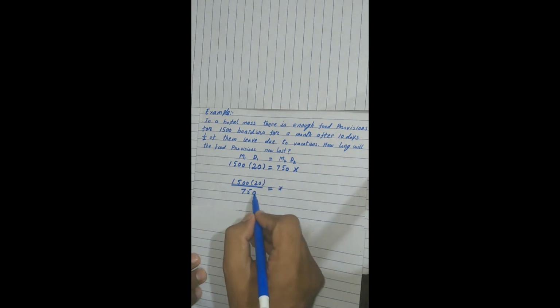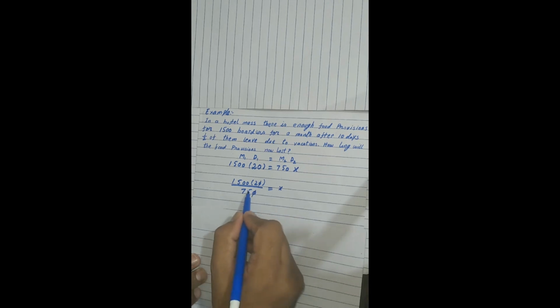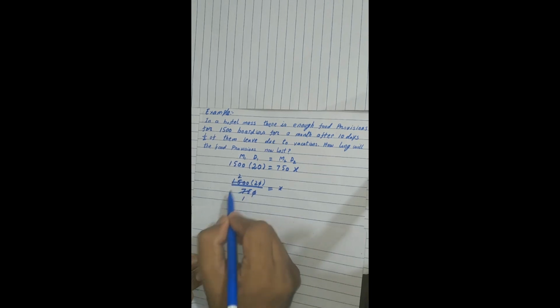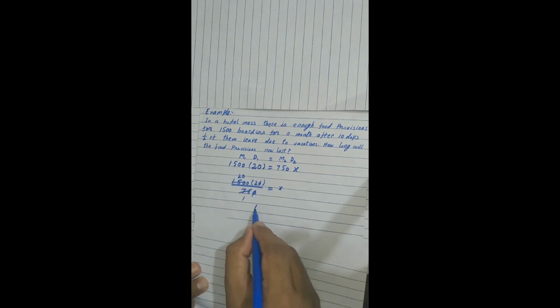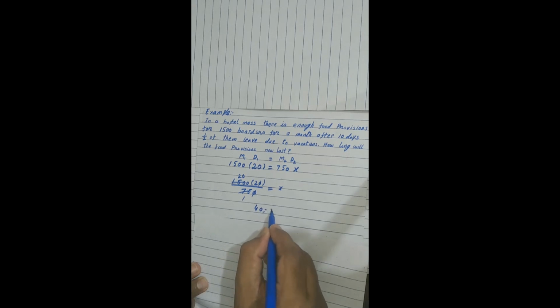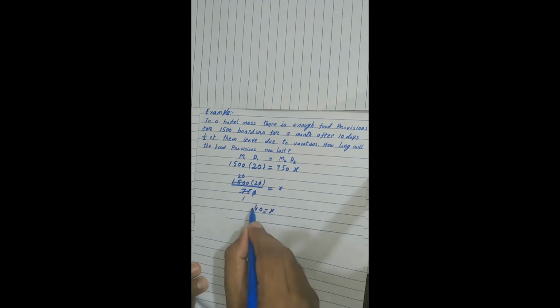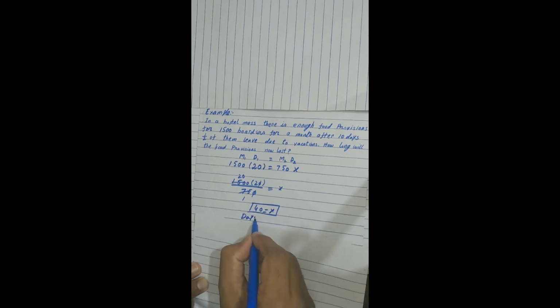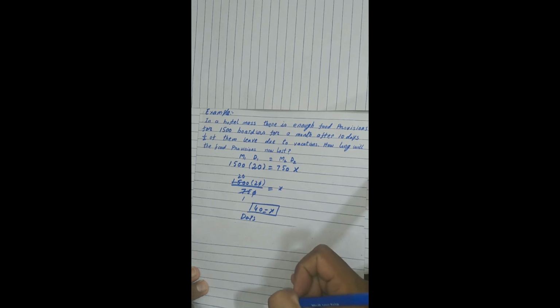Cancel 0, 75 cancels with 150, 2 and 1, 0. 20 multiplied by 2 is 40. It means there is food for 40 days for 750 boarders. Hope you understand the concept of inverse variation by a shortcut method. Thank you.